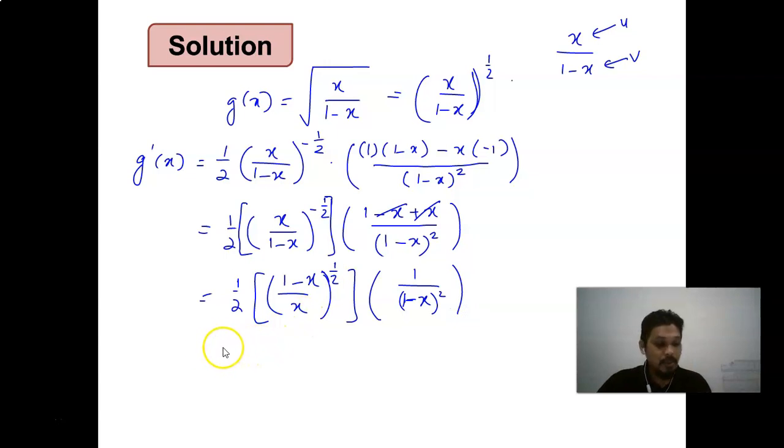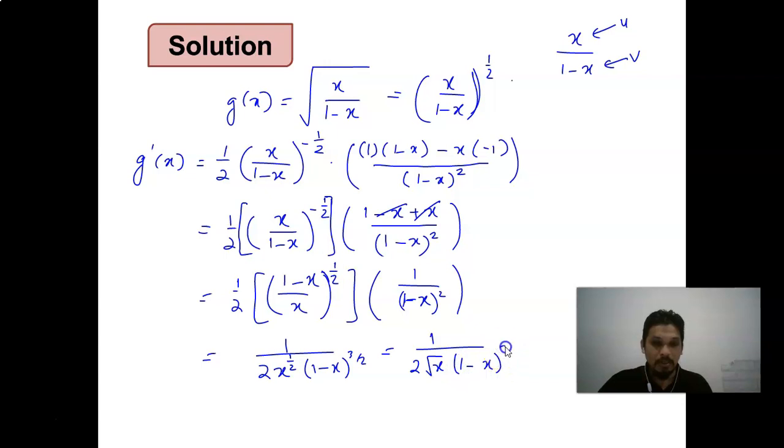And this one here comes out with 1 over 2, x to the power of negative half, and then (1 minus x) to the power of 3 over 2. It also comes out with 1 divided by 2 square root of x, and then (1 minus x) cubed.